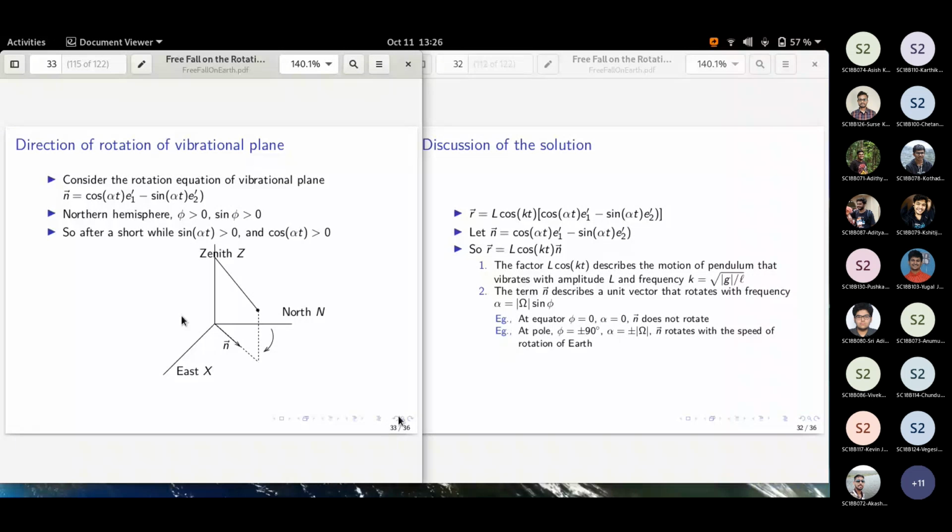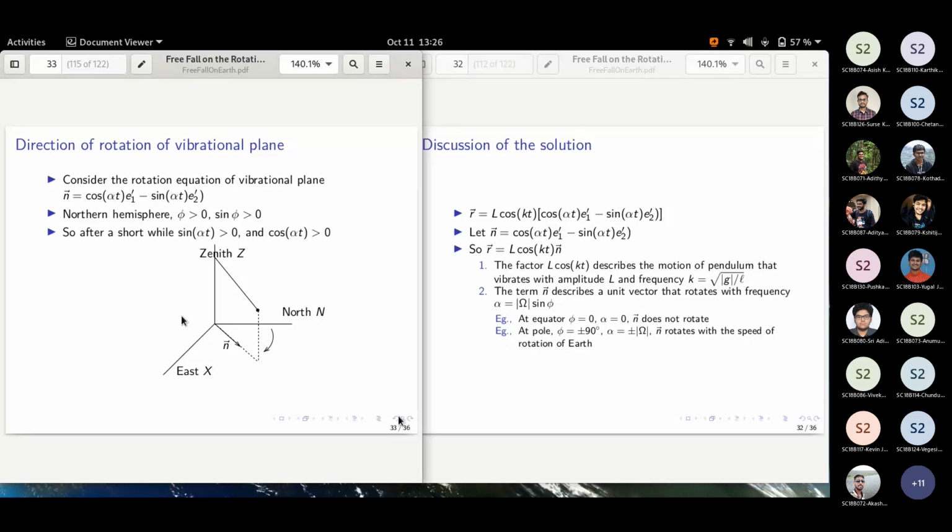I was thinking, if we place it at the North Pole, how do you define the axes there, north and east? When we say north, we have to come very close to the north and then do this exercise. Otherwise, we cannot define north and east. Yes, sir, that's the singularity there.